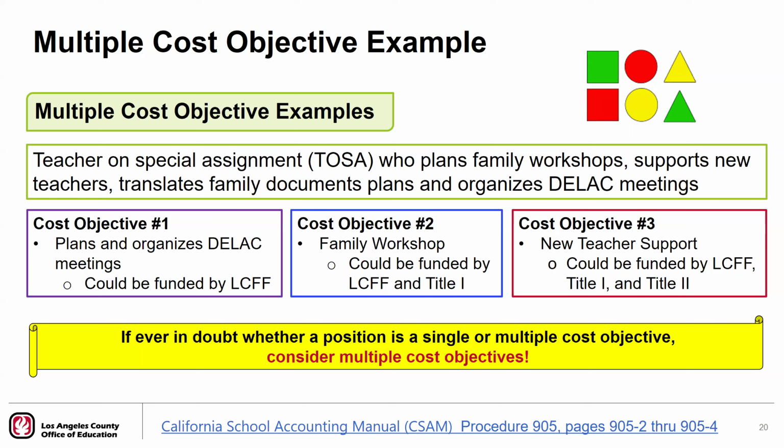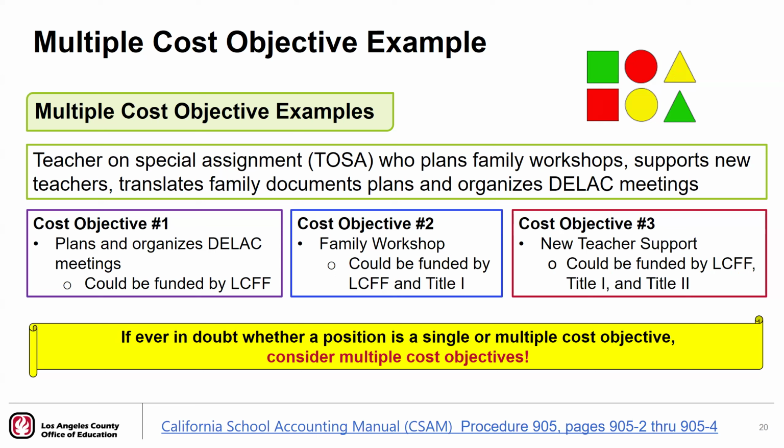Planning family workshops might be allocable under LCFF and Title I, but perhaps not Title II. Supporting new teachers may be allocable under LCFF, Title I, and Title II. Nevertheless, because all of the tasks are not allocable under all of the grants, this person's time and effort is reported under multiple cost objectives.